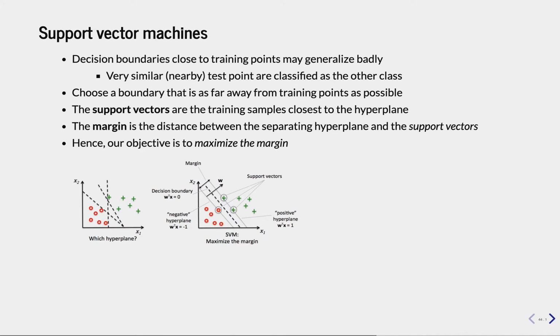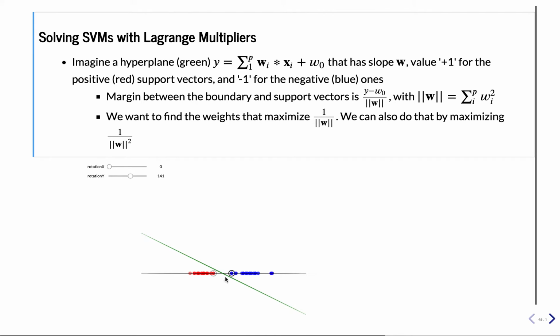Right. So how can we maximize this margin? What's the formulation of this margin exactly? If we look at this green line here, this is our y, and our y is basically x1 times w1 plus w0, right? So that means that this line here has slope w1.